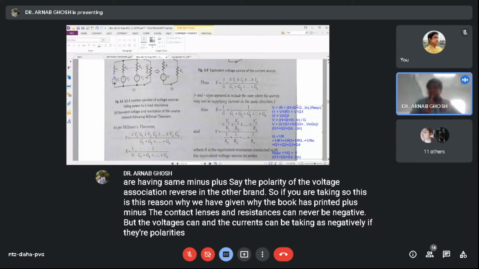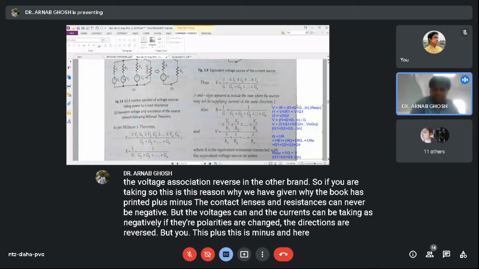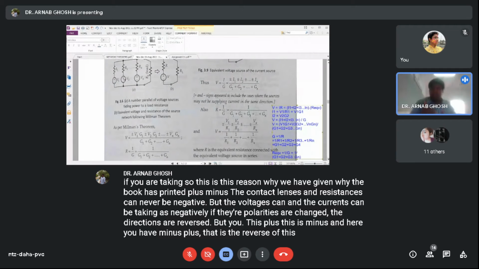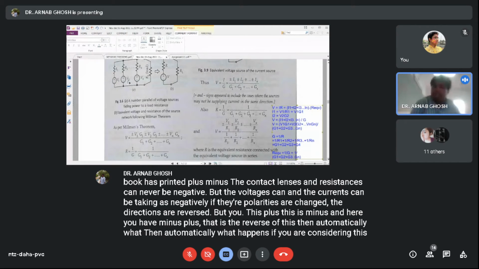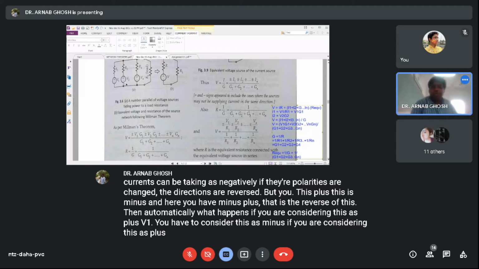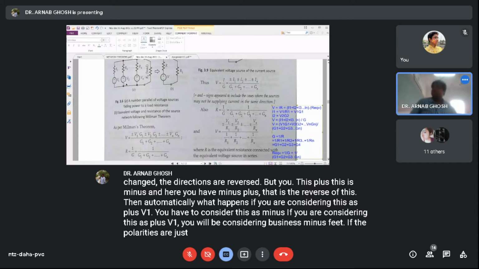This is plus, this is minus, and here you have minus plus, that is the reverse of this. Then automatically what happens, plus V1, you have to consider this as minus V2. If you are considering this as plus V1, you will be considering this opposite if the polarities are just the opposite of the other sources. So that is why here it has been given plus minus.